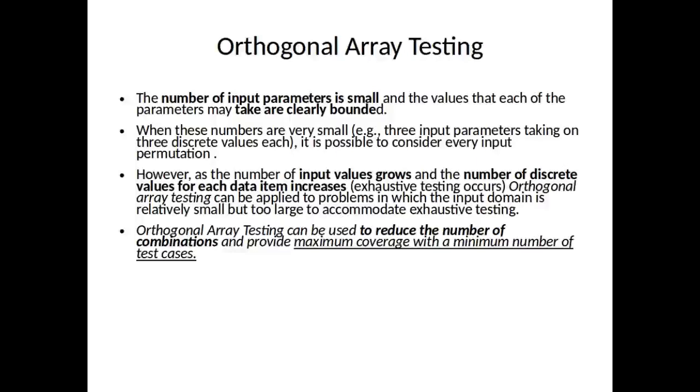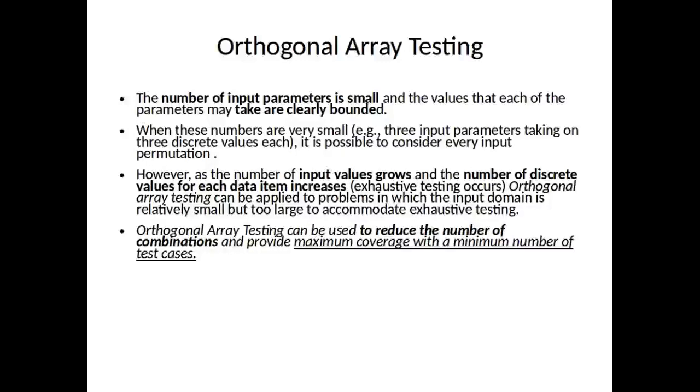Orthogonal array testing. When the number of input parameters is small, and the values that each of the parameters may take are clearly bounded, orthogonal array testing can be applied. When these numbers are very small, for example, 3 input parameters taking on three discrete values each, it is possible to consider every input permutation.